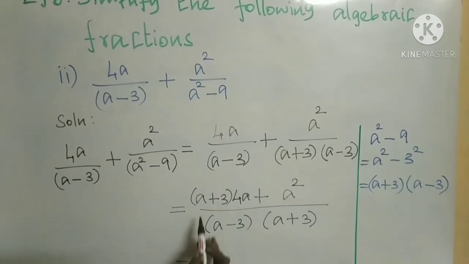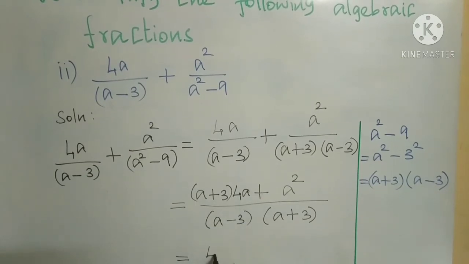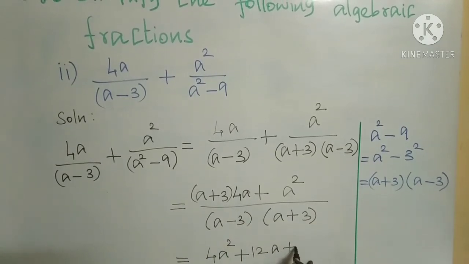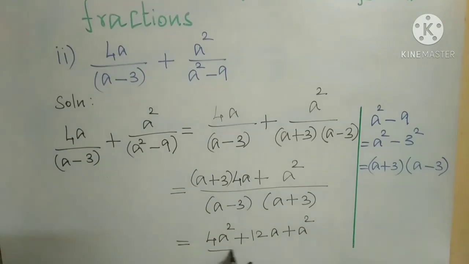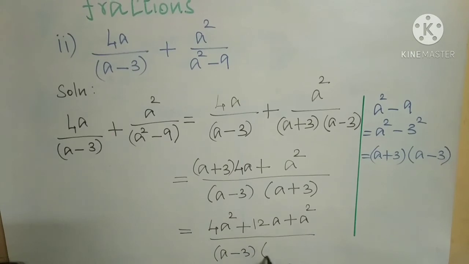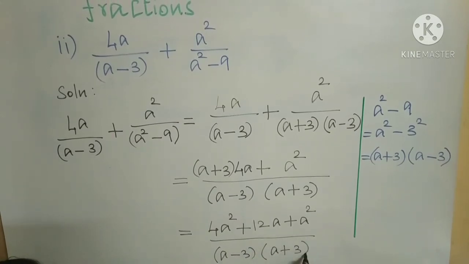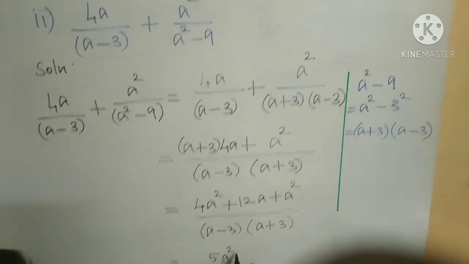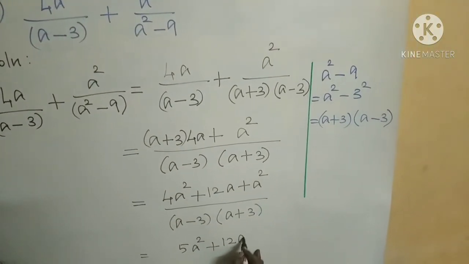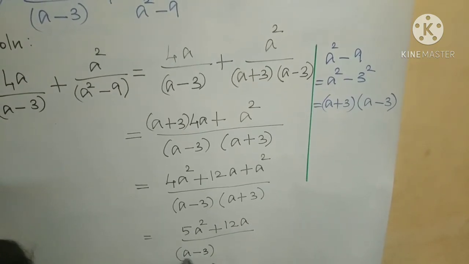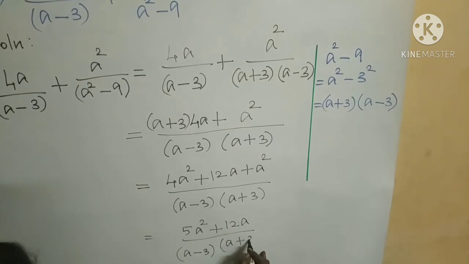So next step, a into 4a, we get 4a square plus 3 into 4, 12a, plus a square by a minus 3 into a plus 3. So we can write 5a square plus 12a divided by a minus 3 into a plus 3.